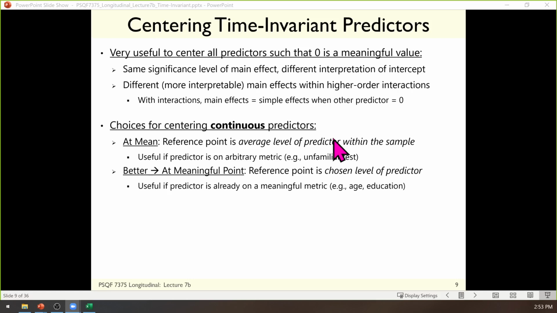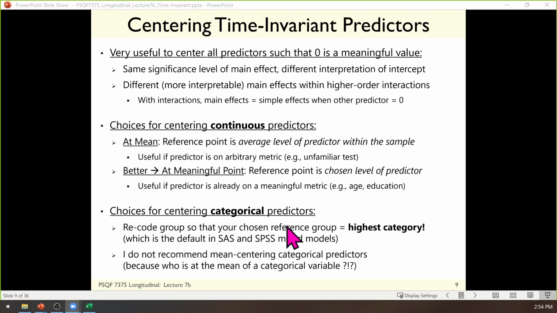So I might center education at 12 years instead so that my reference person is someone with a high school degree. It's within the span that's observed. It's totally up to you because it's just an interpretation thing. If you have a level 2 predictor where 0 is already meaningful, like the number of times you've been hospitalized or the number of chronic conditions you have diagnosed, leave it at 0. It's fine.